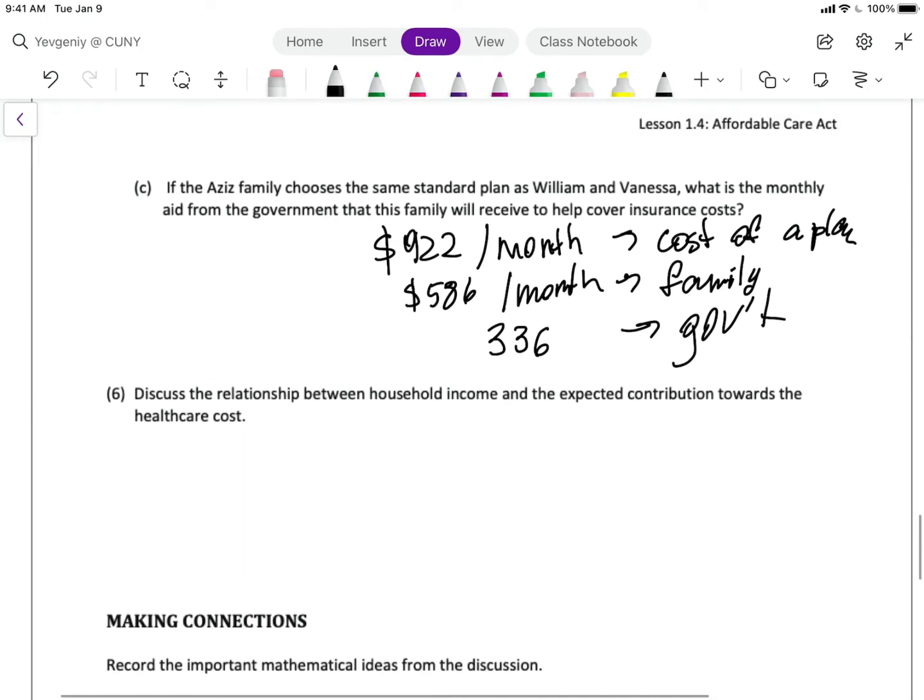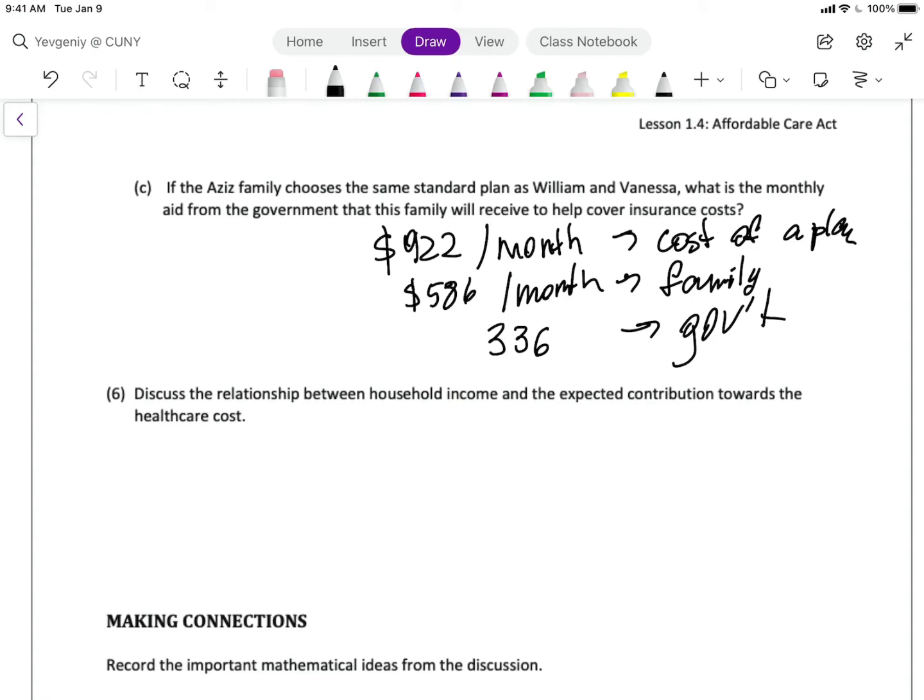Then it says discuss the relationship between the household income and expected contribution toward the healthcare cost. Can you write a few complete sentences describing what happens as income gets higher to the family contributions? Let's go over it. As the income goes higher, the amount of money that the family will contribute towards the healthcare cost will increase.